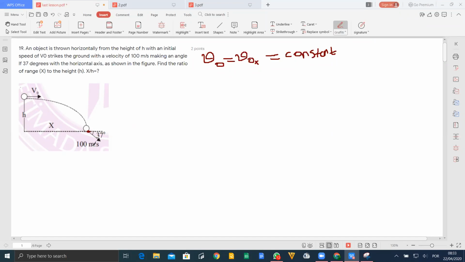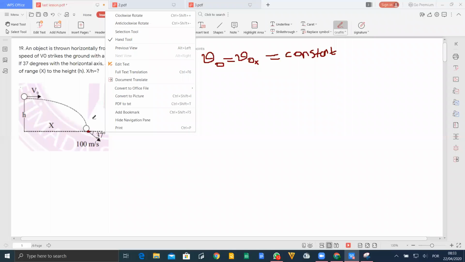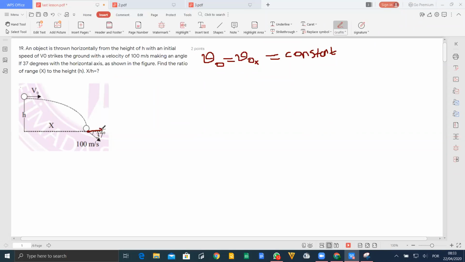So if we can show Vx and Vy, then we can find out Vx and Vy first, because to get h and x, first we need to calculate the time taken from this point to that point. So that's why this will help us to figure out the time.